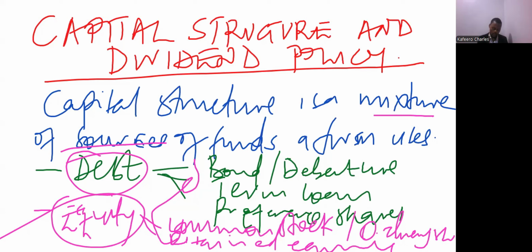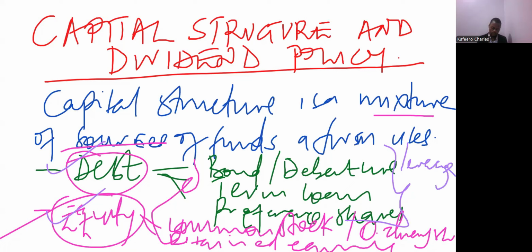Now, what we need to understand is that if a company has both debt and equity in its capital structure, the amount of debt the firm uses to finance its assets is what we call leverage, or financial leverage.